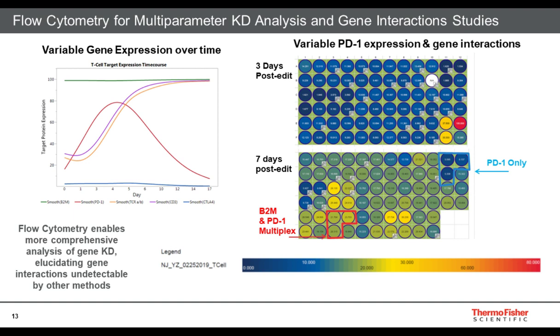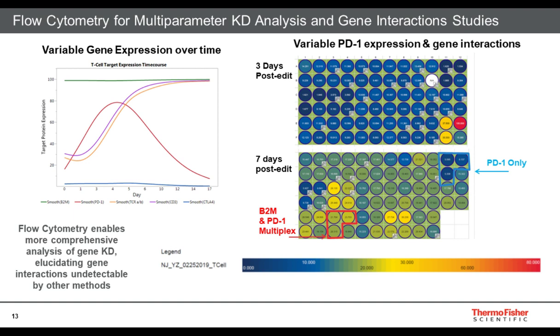And again, these genes are interacting with one another in complicated gene networks, and expression can definitely change over time. So flow cytometry can give you that additional piece of information about what the actual expression levels of these proteins are over time, and again, if they recover.